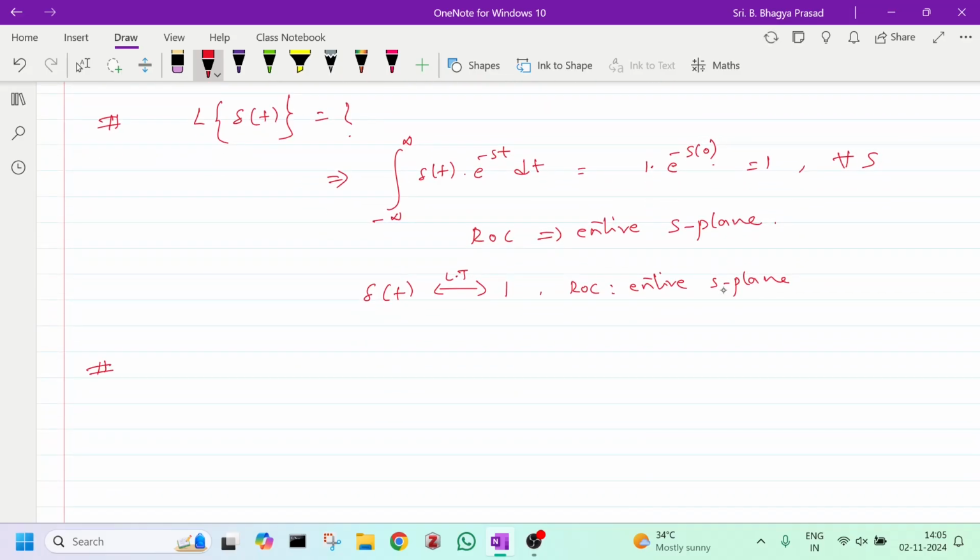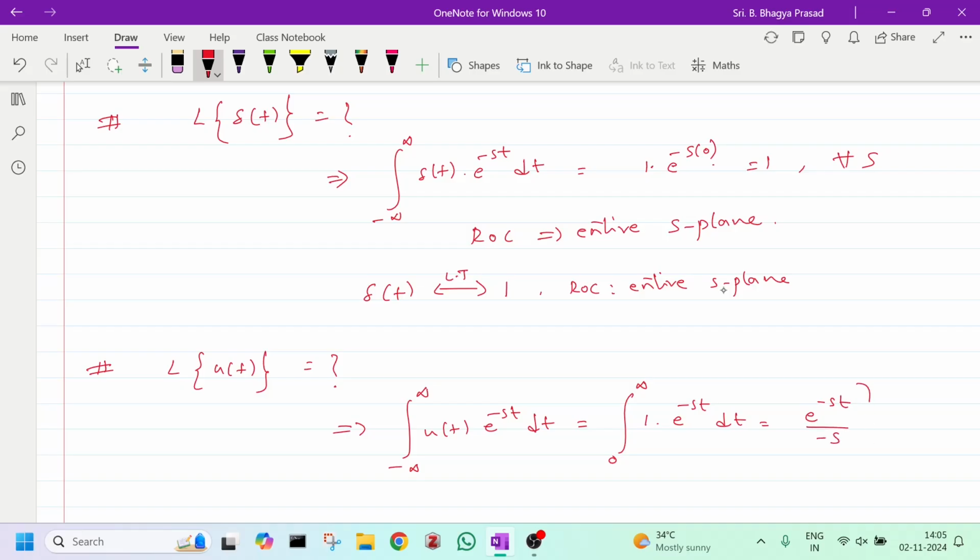Next, the Laplace transform of u of t. The same, substitute in the expression, that is the integral from minus infinity to infinity of u of t e power minus st dt. You know that u of t exists between 0 to infinity with a value of 1. So the integral of e power minus st dt, the value will be e power minus st by minus s.